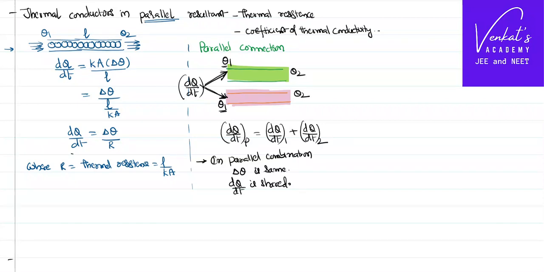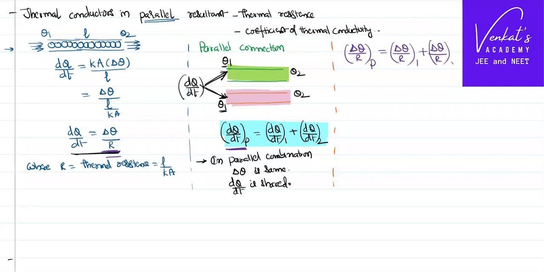We know the formula for dQ by dt is delta theta by R. So dQ by dt of the parallel combination is dQ by dt of the first case plus dQ by dt of the second case. In place of dQ by dt, I can write delta theta by R. So delta theta by R of the parallel combination equals delta theta by R1 plus delta theta by R2.